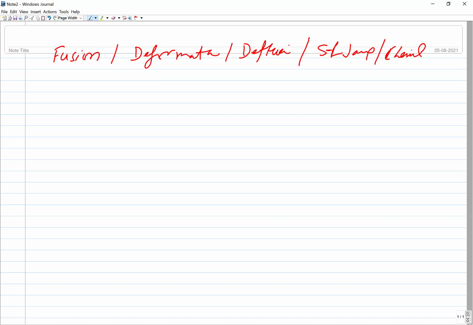Since there is no metallurgical continuity, this joint is very weak. It doesn't sustain very high loads. The chemical joints are very poor in terms of load carrying capacity, fatigue performance, and thermal stability.